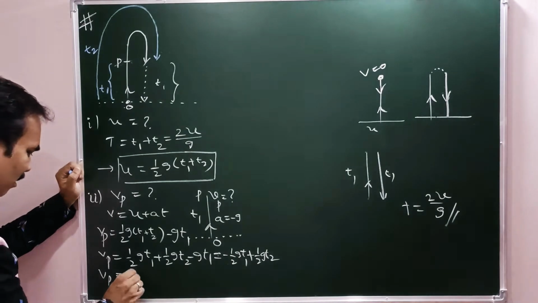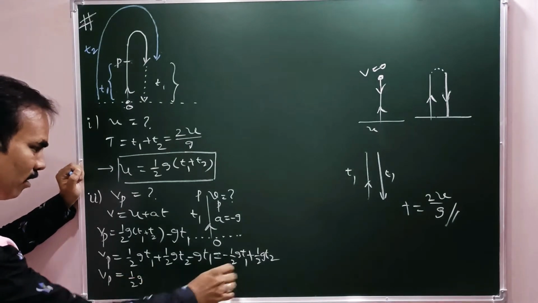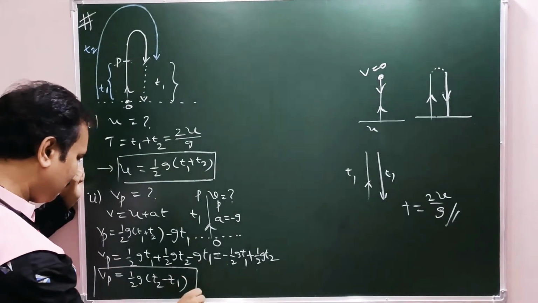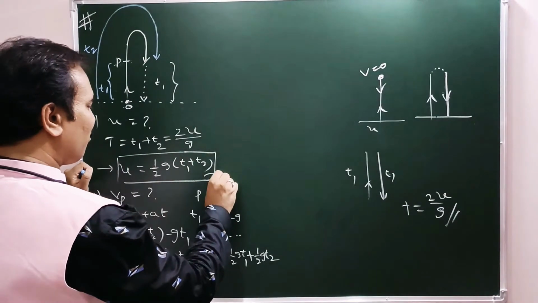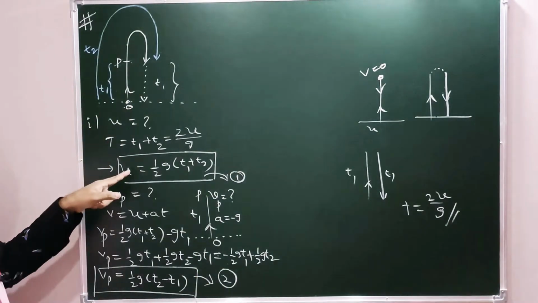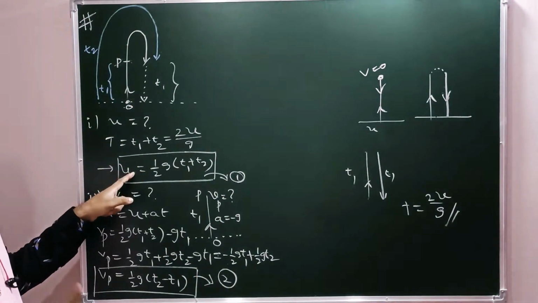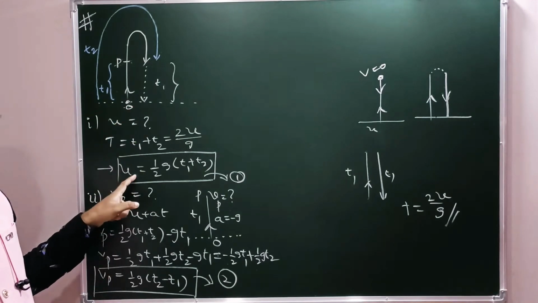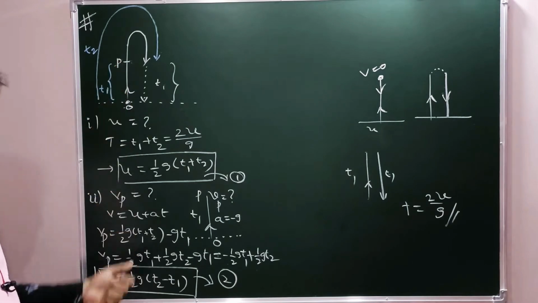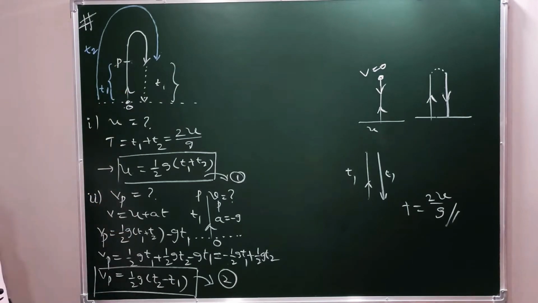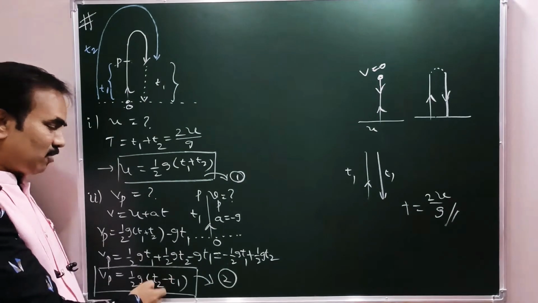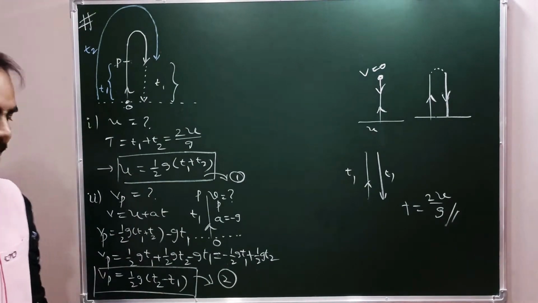Half g is common, so V at P equals half g (T2 minus T1). This is number 2. So the first question, velocity of projection, is calculated. The second question, velocity at point P, is also calculated, half g (T2 minus T1), in terms of T1 and T2.